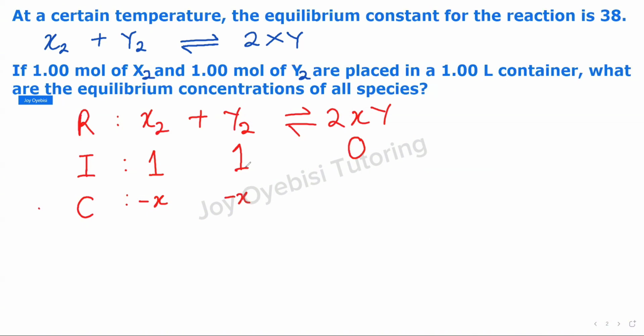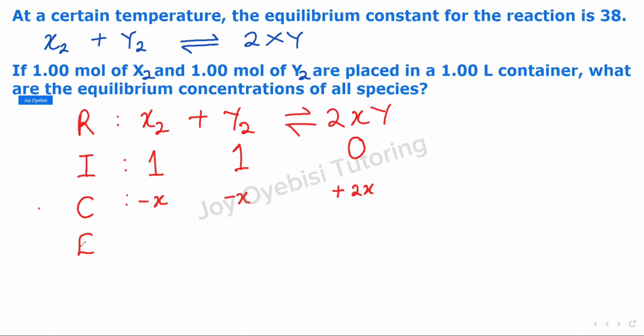And remember, the mole in the balanced equation has nothing to do with the initial concentration. You only have 1 of X2, 1 of Y2, and that's why we have a negative X for those two. Now, when we go to the product, that will be a positive 2X because you have 2XY.